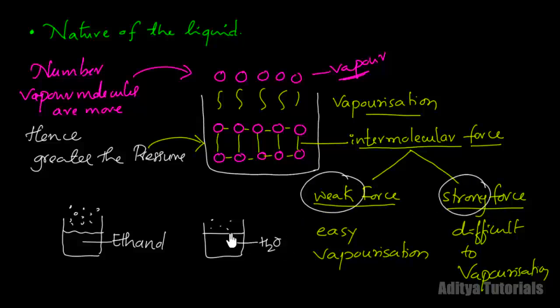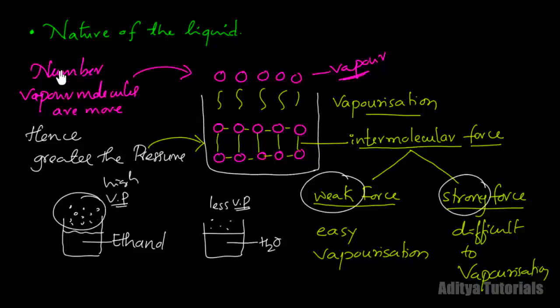Therefore, in water vaporization is less and the vapor pressure is less. Whereas in ethanol the intermolecular forces are weak, hence easy vaporization, and a greater number of vapor molecules exert a greater pressure, so the vapor pressure is high. Okay students, this is all about the nature of the liquid.